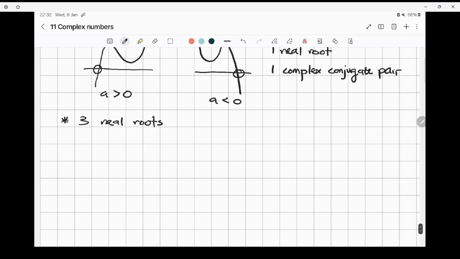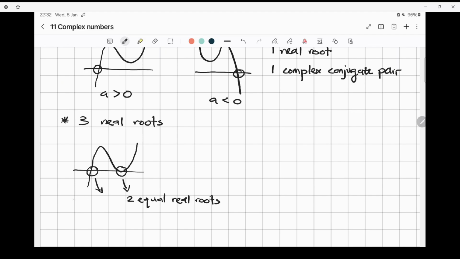So what are the possible cases for these 3 real roots? Either you have something like this, which means that one root is different from the other 2. So you have 2 equal roots. Sorry, I should stress that this is real roots.